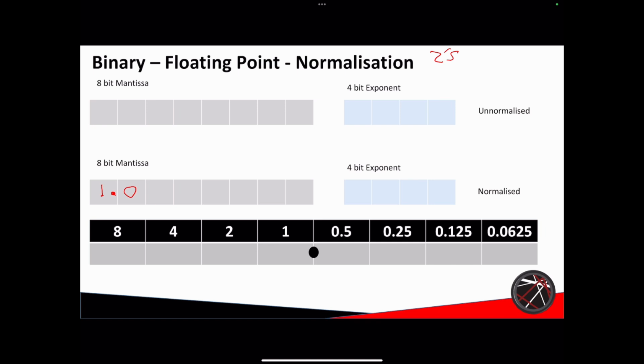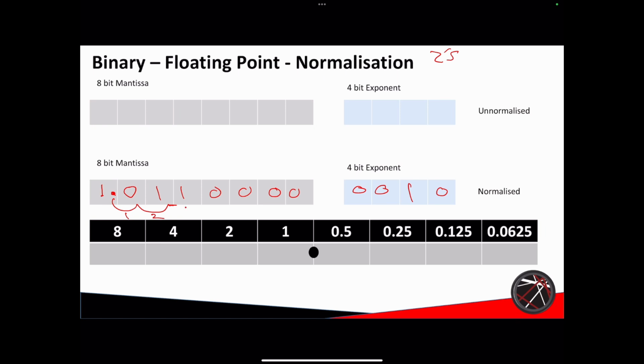If we then have, for example, this, of which we're wanting the actual decimal place to be in that position, we're therefore going to move 2 places to get there, 1 and 2, and therefore we'll have our exponent as 2 because we're moving 2 to the right in this case.